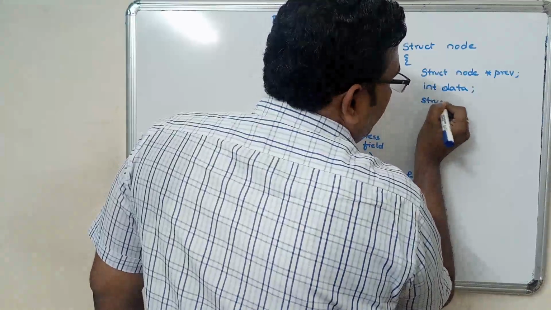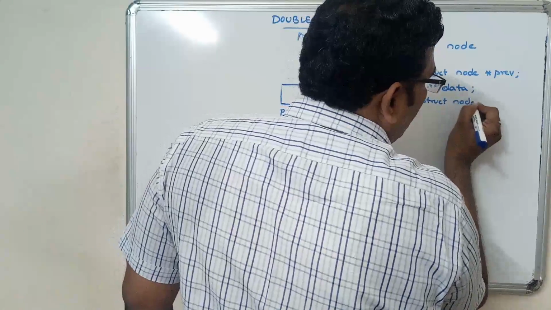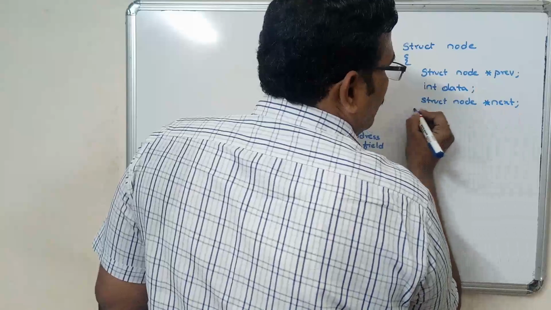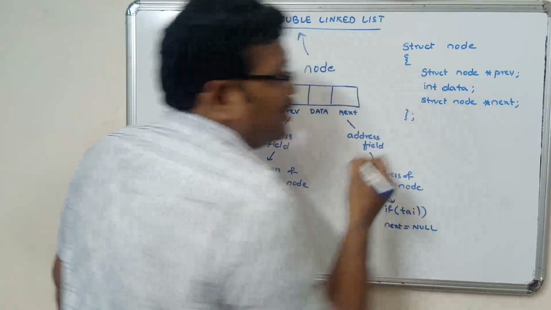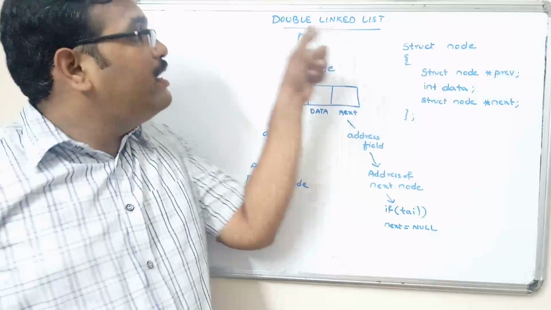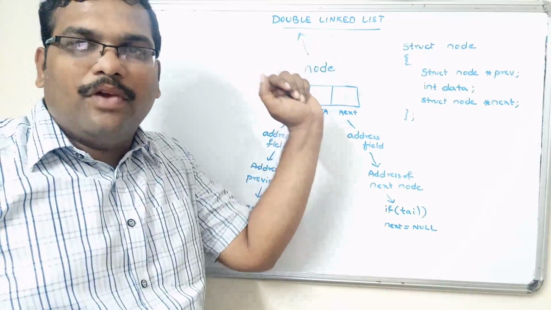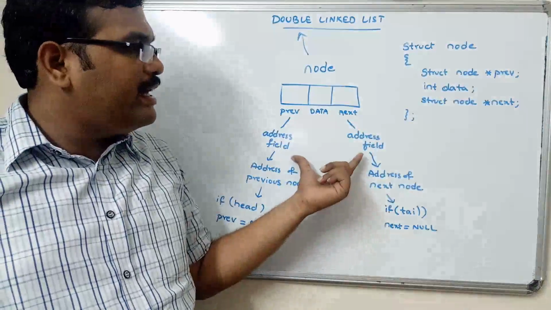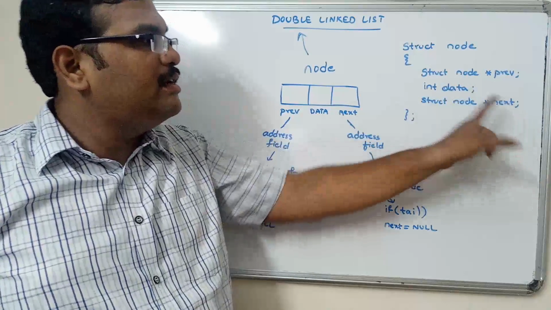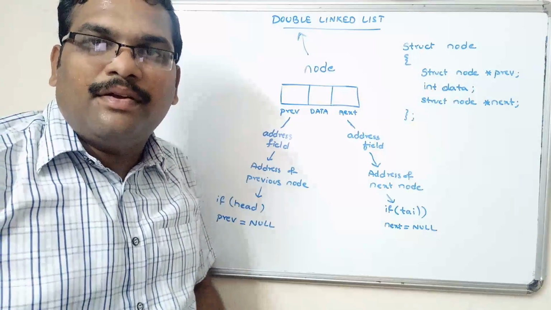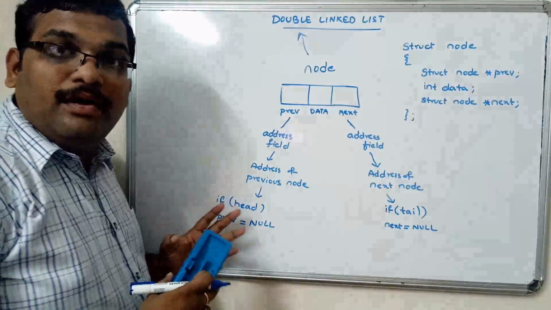Again struct node star next. This is the structure for a node in a double linked list: three fields, two are the address fields, previous and next, and another one is data. Hope you understood this one.